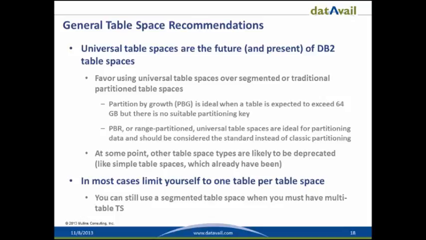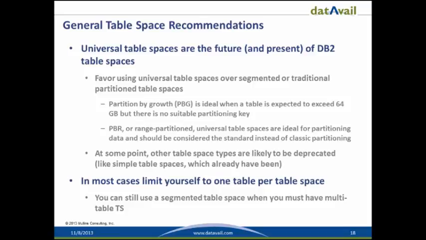Partition by range is a good idea for a large table space going to exceed 64 gig, but you don't have a suitable partitioning key, or range partition by range, when you've got that suitable partitioning key. Remember, what a universal table space does is it combines the best capabilities of the segmented and the partitioned table space into kind of one type of table space.